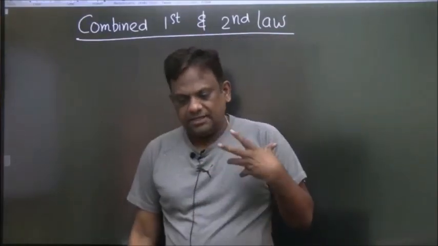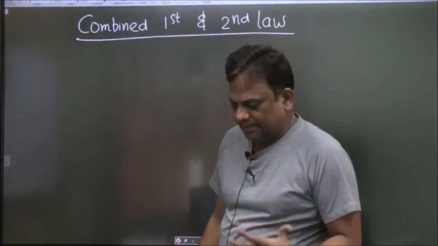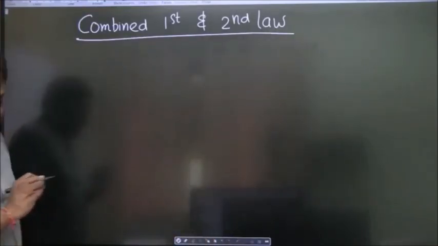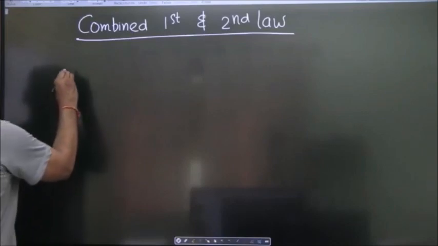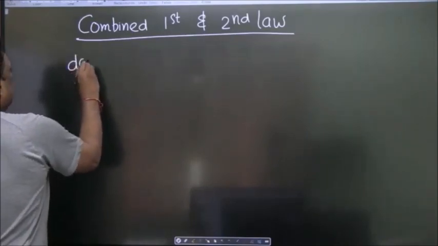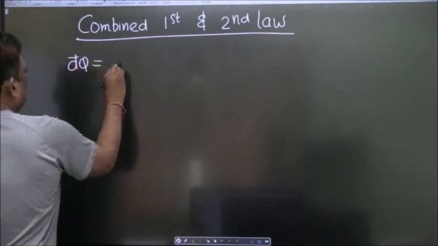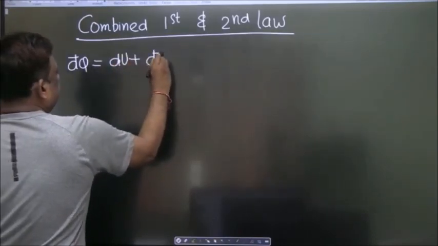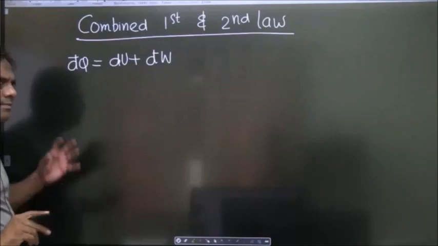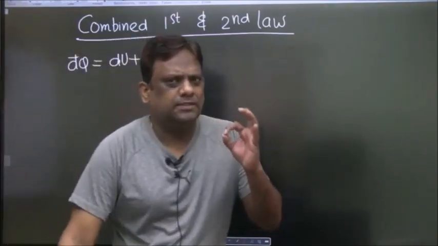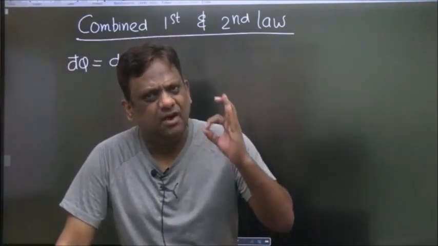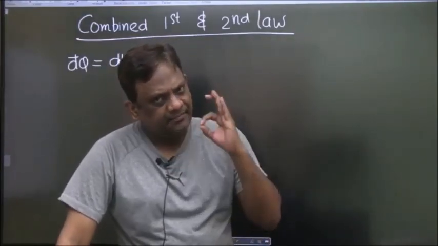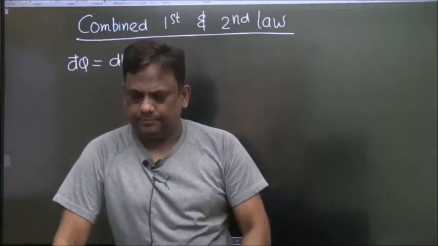This is very, very important. चलो देखते हैं. We know, my dear students, all of you listen, d dash Q is equal to dU plus d dash W. This equation we saw, that is conservation of energy for a process. We saw this from the first law.